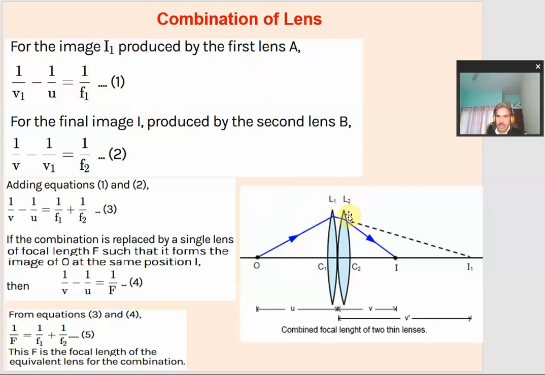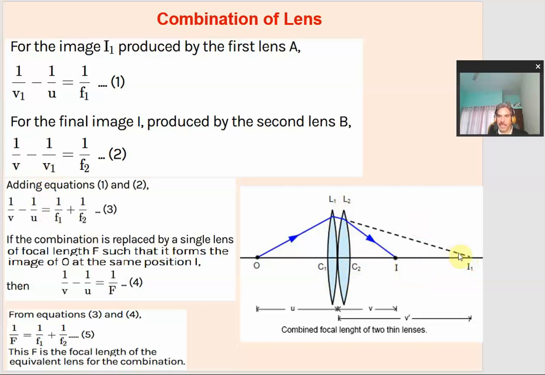Now there comes the second lens. For the second lens, the object is placed virtually at position I1. So the distance of this object from this lens L2 will be V1, right?